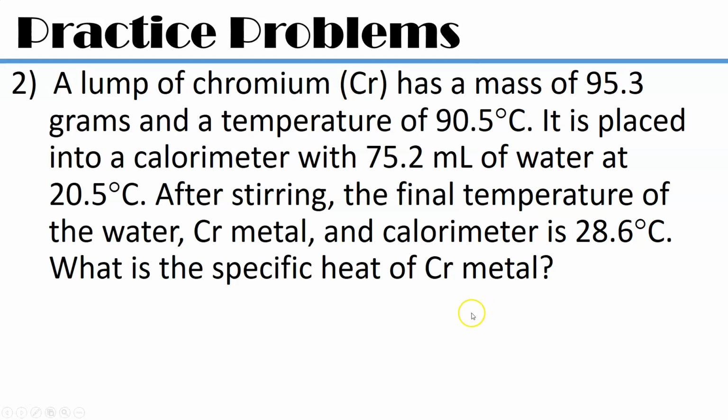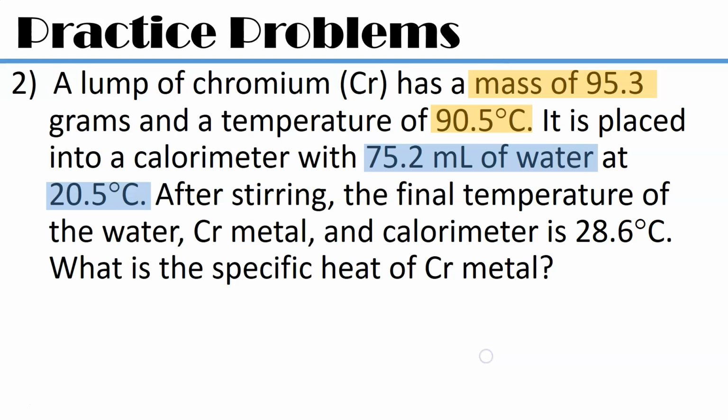So let's go through and highlight and color code. I'm going to use yellow for the metal and blue for the water, and I'll use green for values that they share. So the mass of the metal was 95.3 grams. The temperature was 90.5. Our calorimeter had 75.2 mils of water.